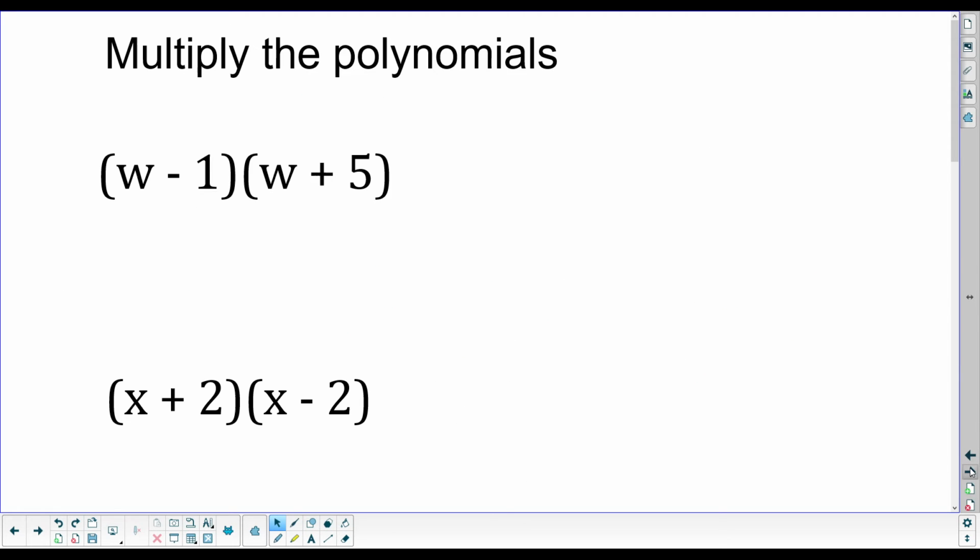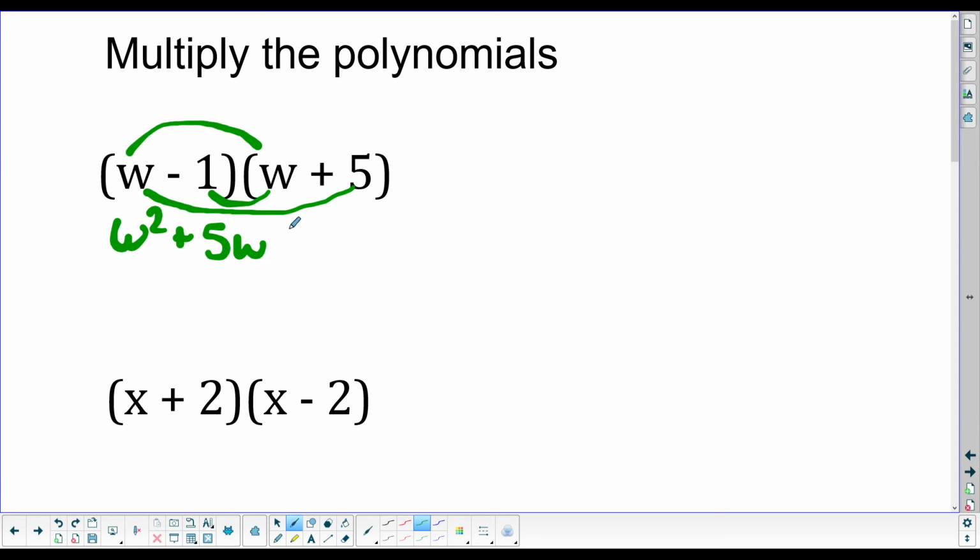All right, let's take a look at some examples here. We're just going to multiply these together, and I'm going to use some of the different methods to do this. I'm going to FOIL this first one, so w times w gives me w squared. I'm going to multiply the outside ones here, so I get 5w.